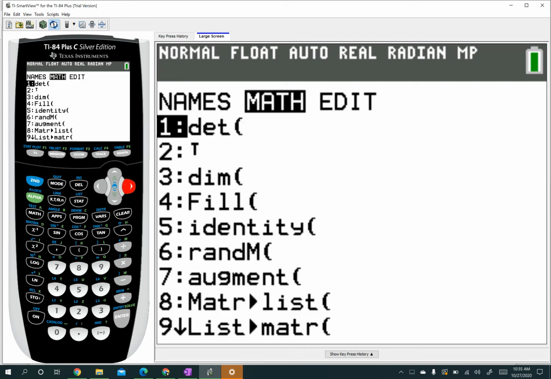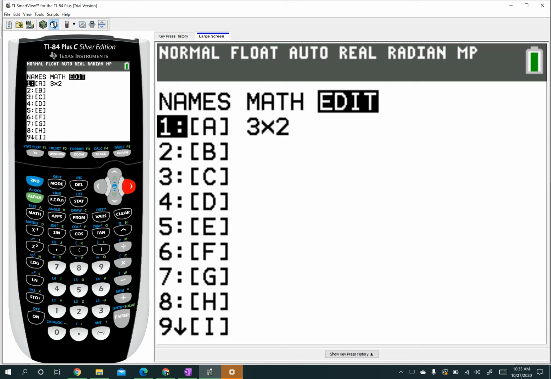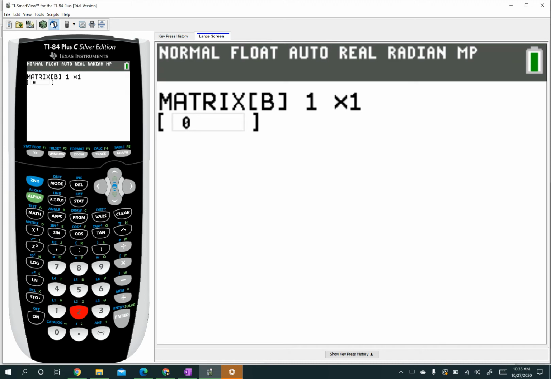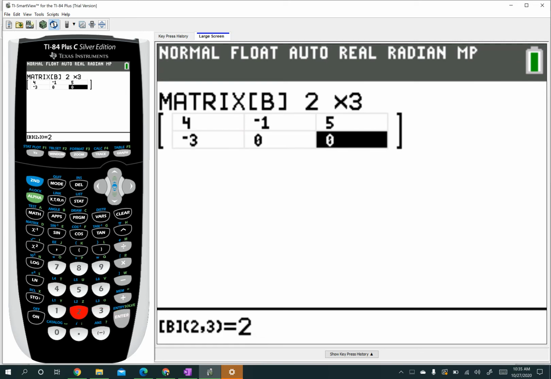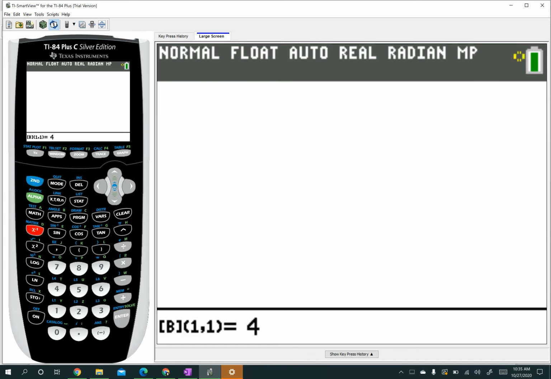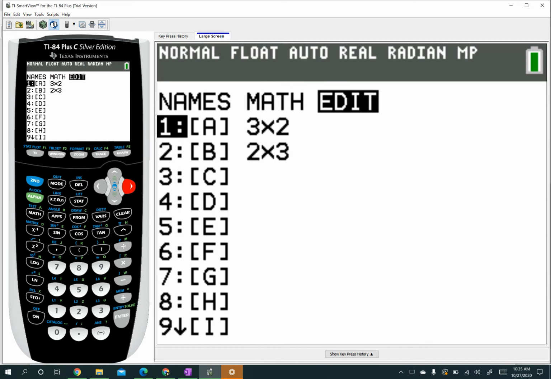So matrix B is a 2 by 3. And so that is 4, negative 1. And then matrix edit.